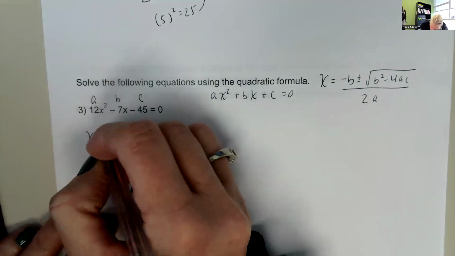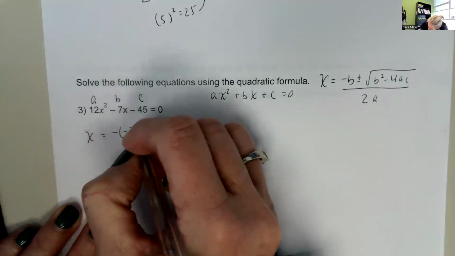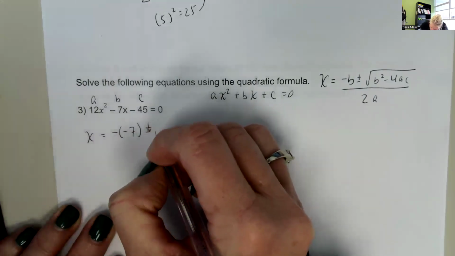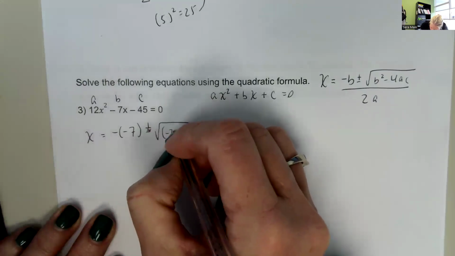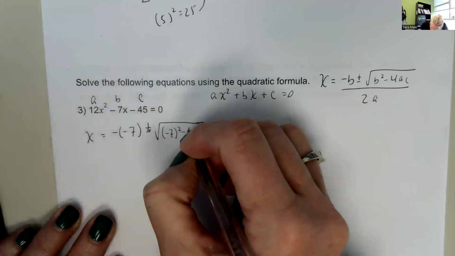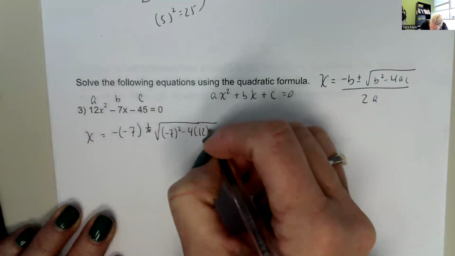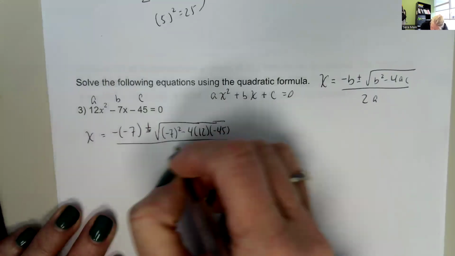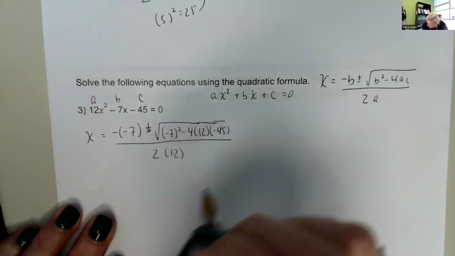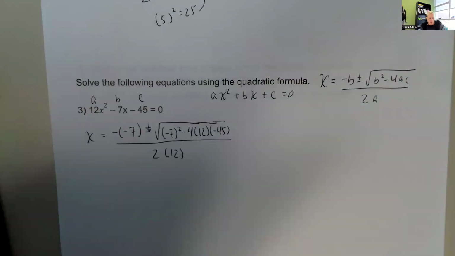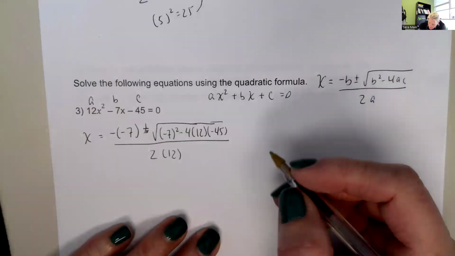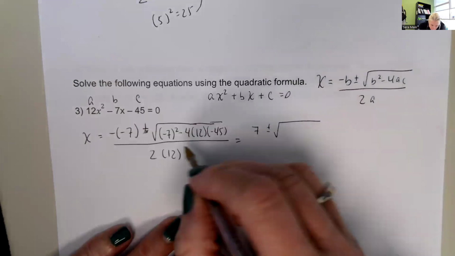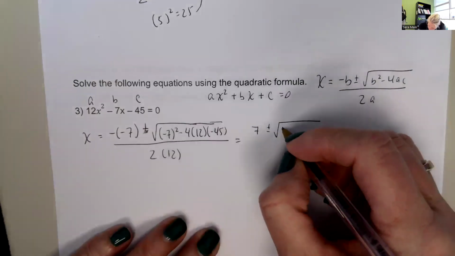So I have x is equal to the opposite of a -7 plus or minus the square root of a -7 squared minus 4 times A, which is 12, times a -45, all over 2A there. And so this simplifies to 7 plus or minus the square root of, that'll become 49.